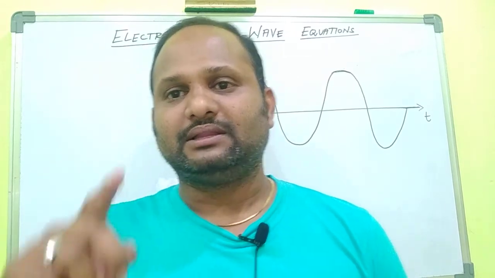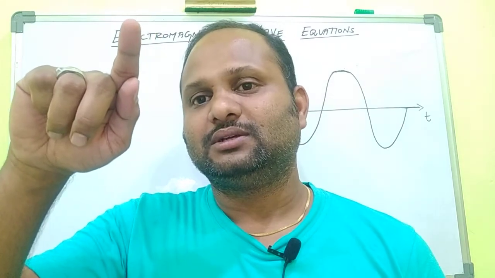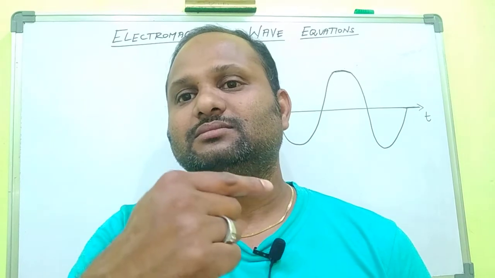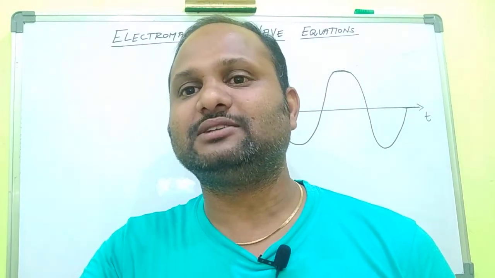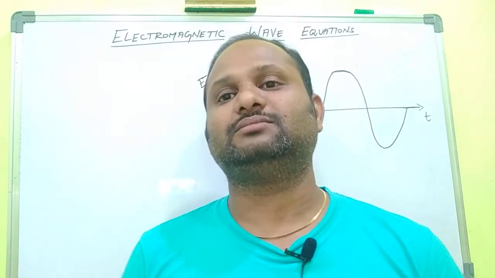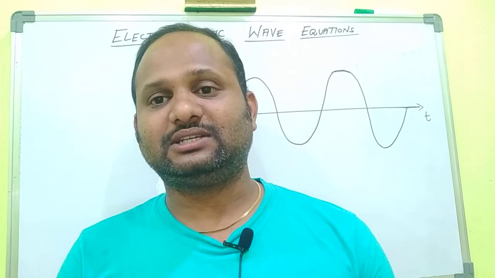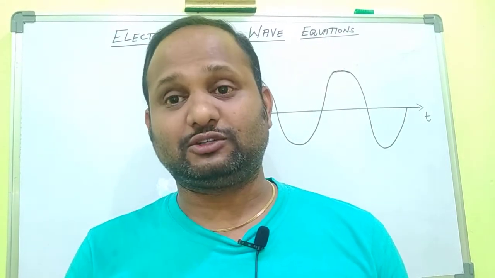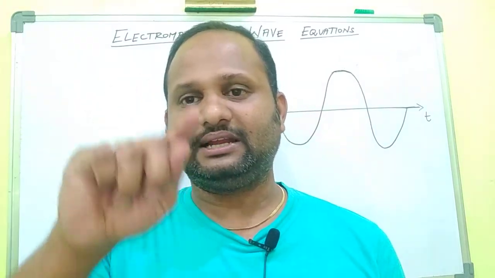For example, if the electric field is along the y direction and the magnetic field is along the z direction, then the direction of propagation of the wave is along the x direction. We studied this in the last lecture also, but I want to tell you something about the source of electromagnetic waves. Remember, a single charge produces only an electric field.